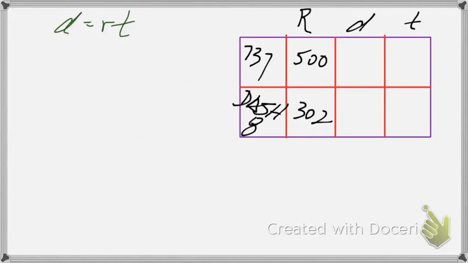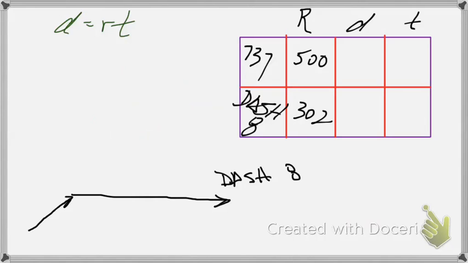Suppose that our Dash 8 takes off and travels at its cruising speed. Okay, so our Dash 8 takes off and is traveling here at its cruising speed. So this is our Dash 8.